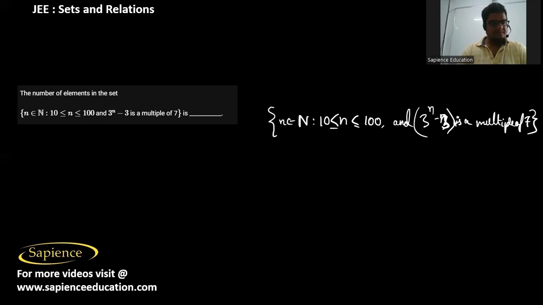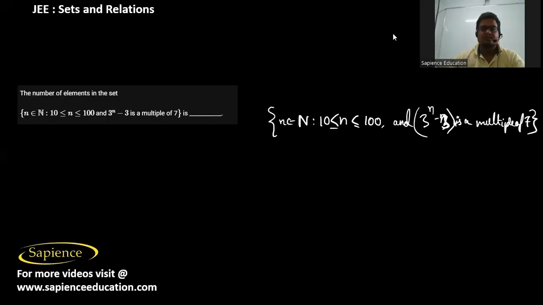So here, suppose we take n as 1. Then 3 power n, 3 power 1, if we divide it by 7, the remainder will be 3.